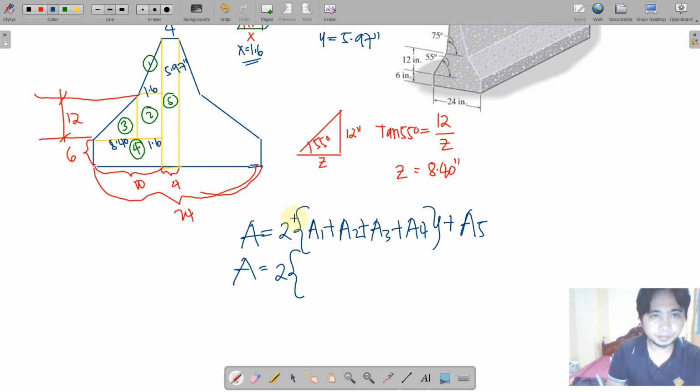Okay, so moving on, let us compute now the individual areas. Area 1, we have a triangle. We have 1/2 base times height. Base is how much? 1.6 by 5.97.